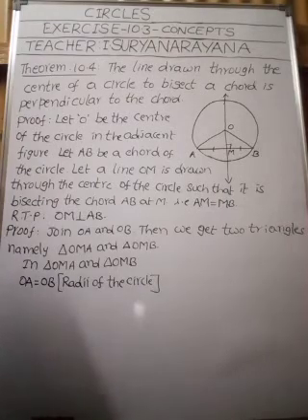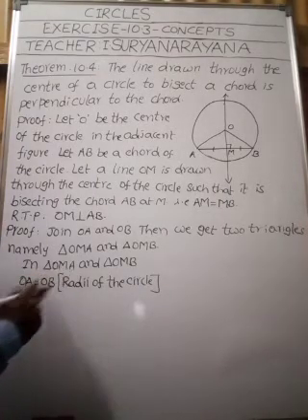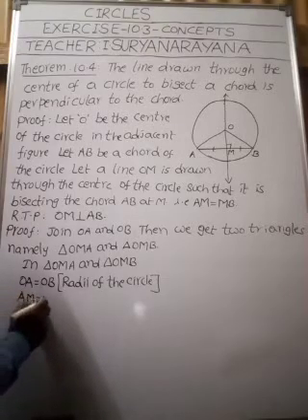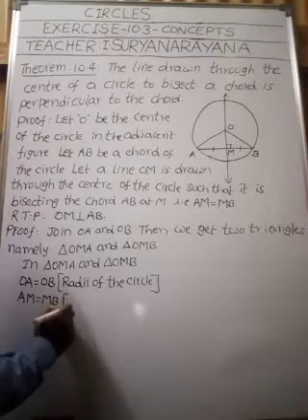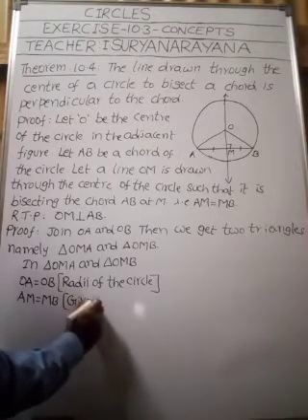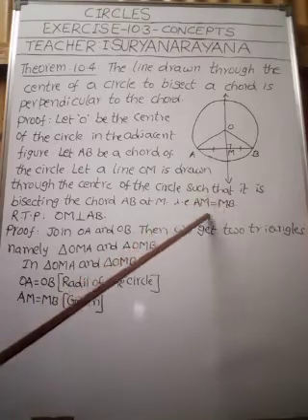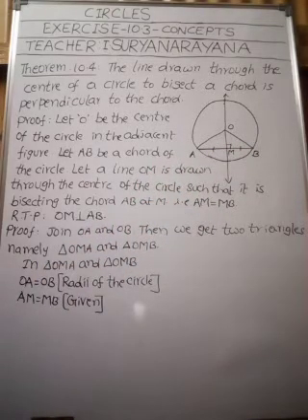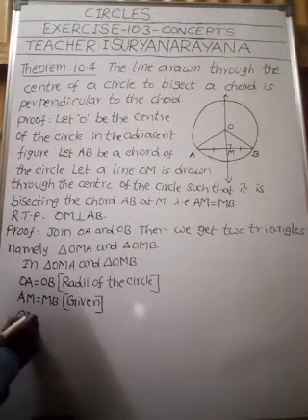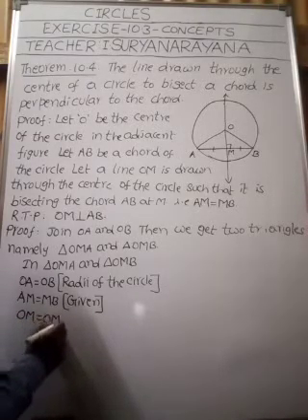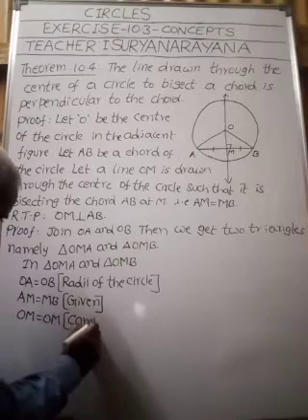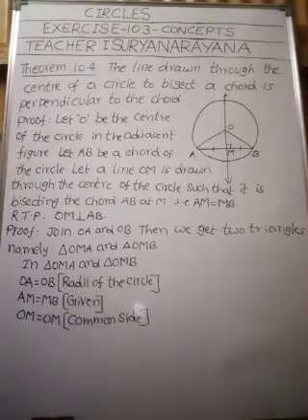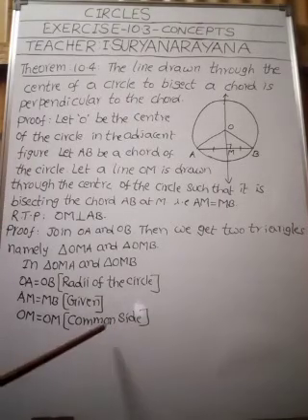Next, AM is equal to MB. It is already given. Right. OM is equal to OM. This is a common side to the two triangles.